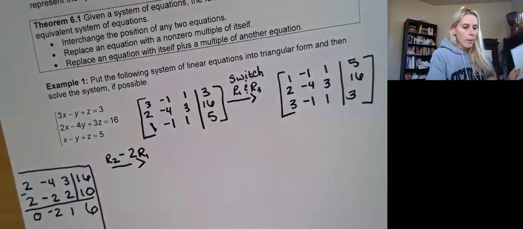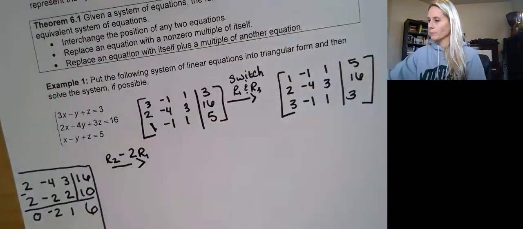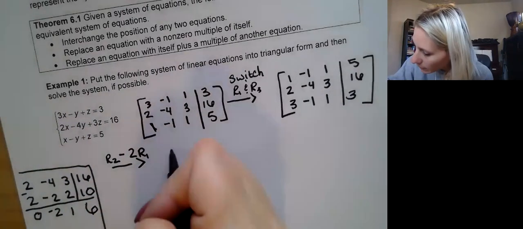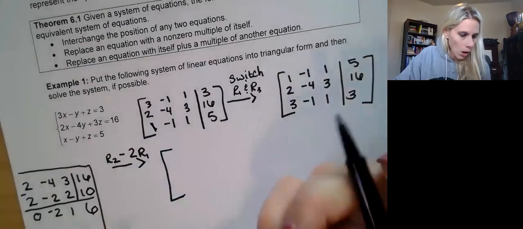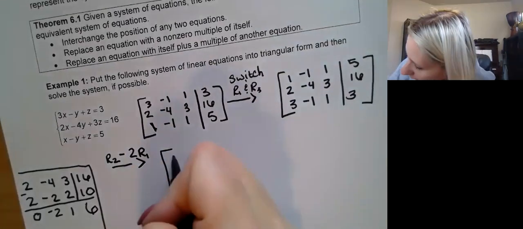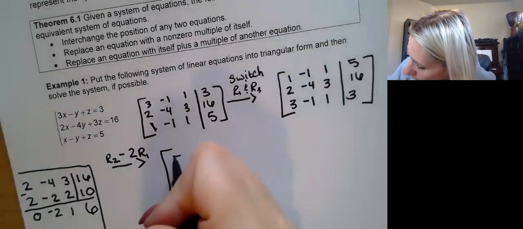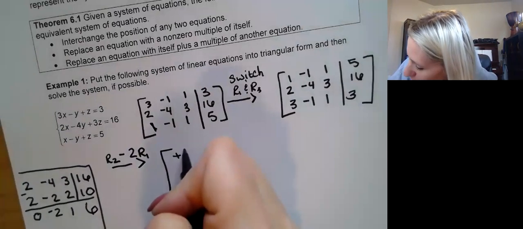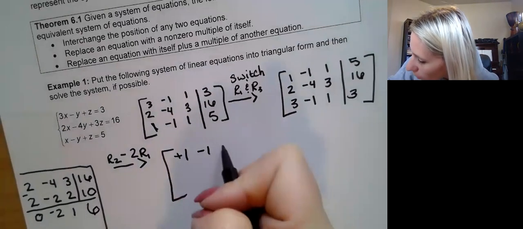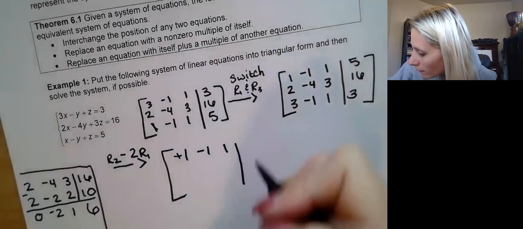Okay, so now I'm going to rewrite this and say, remember that row 1 stays, so that should be positive, 1, -1, 1, 5.